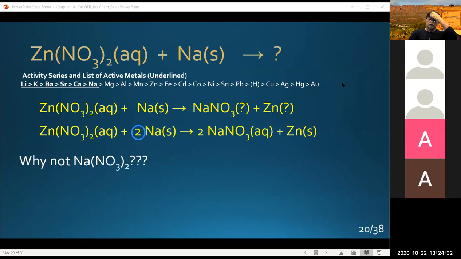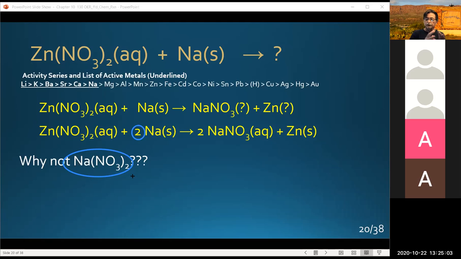Now, obviously, we don't write it with Na. What does this infer? If we were to write it with Na, the Na 2 nitrates, what does that infer about sodium? Who can tell me why this would be an incorrect formula for sodium nitrate, based on what we talked about a few chapters back and throughout the time?